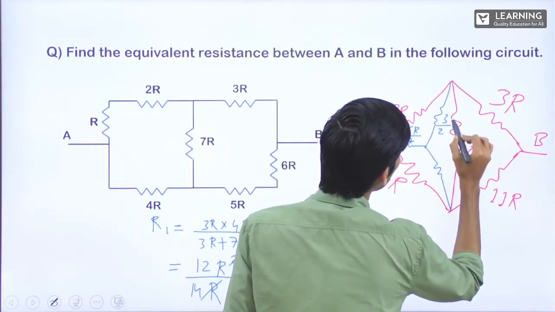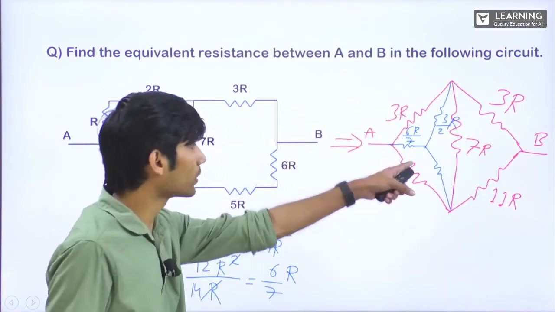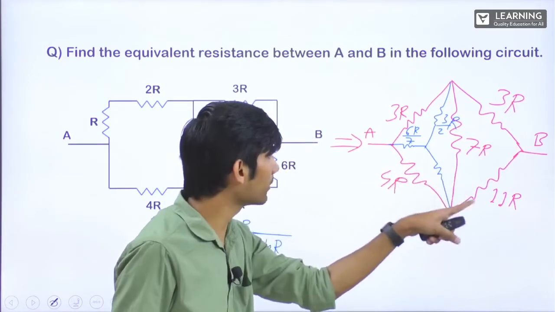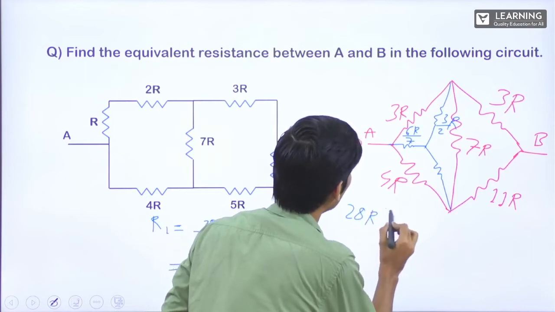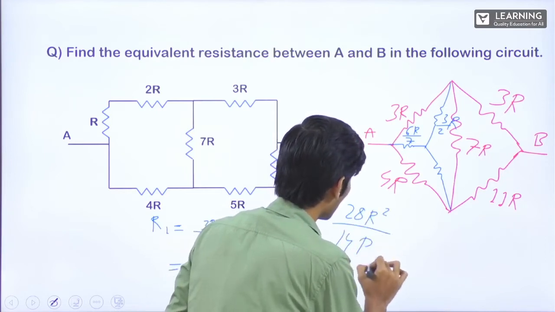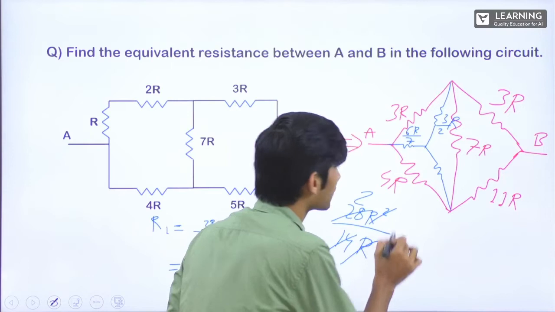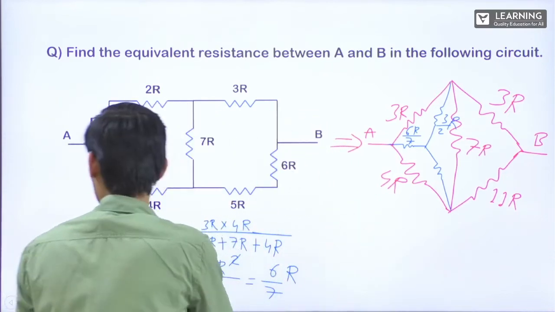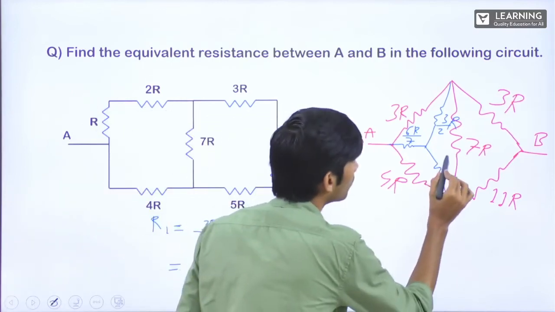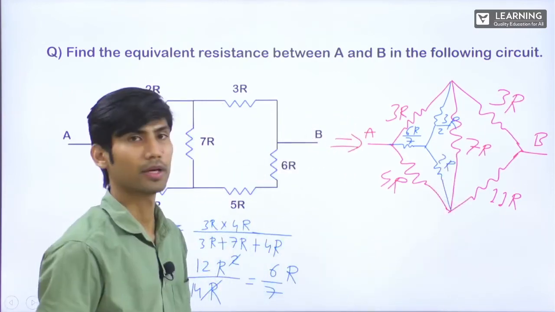Three by 2R. This one, product of the neighboring, that is 7 4s are 28, 28R square divided by 14R. R will be cancelled, 14 2s are 28, this will be 2R. This will be 2R, right?